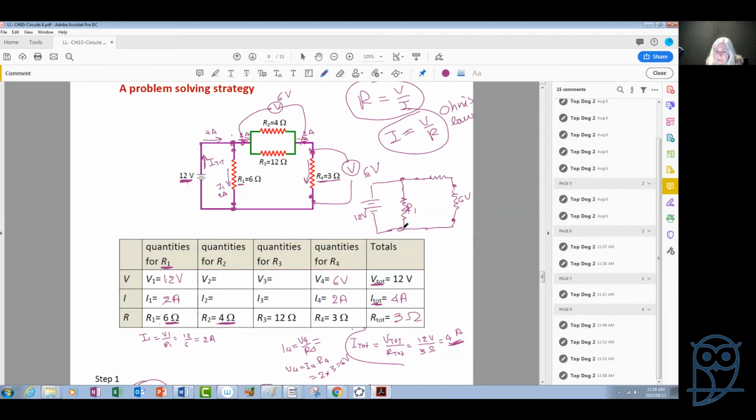Since this is 12 volts across R1, and this is 6 volts, obviously this must also be 6 volts. That is why I have a 6 volt there. I hope you understand where this 6 volts comes from.